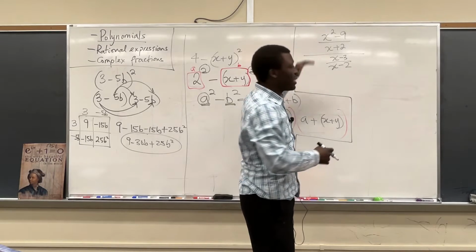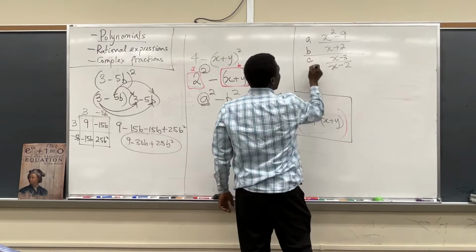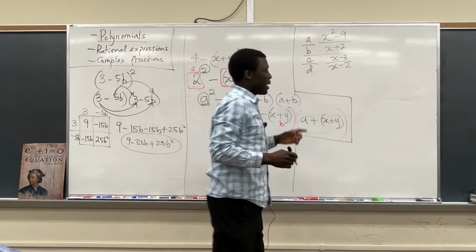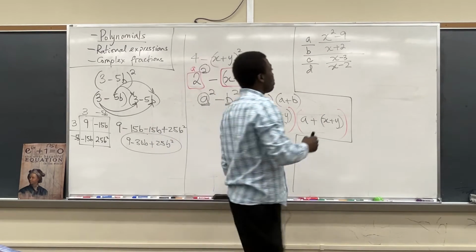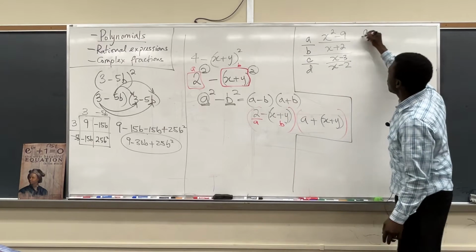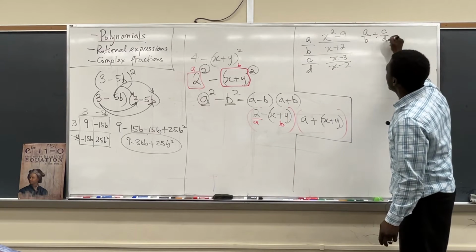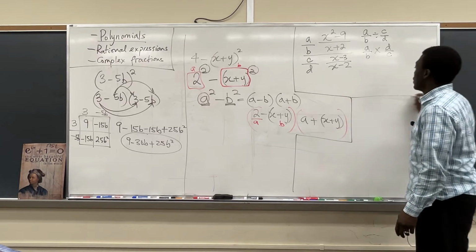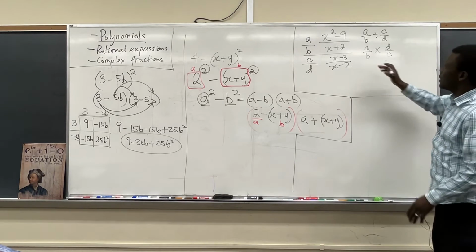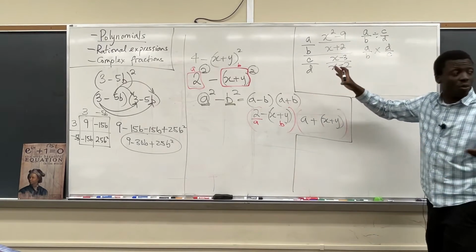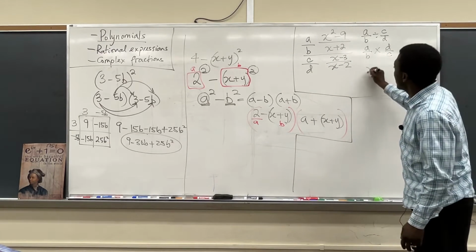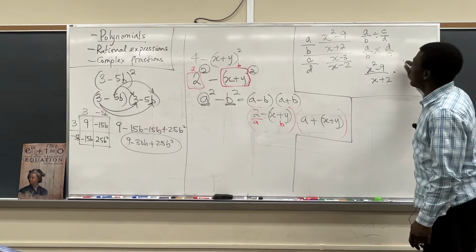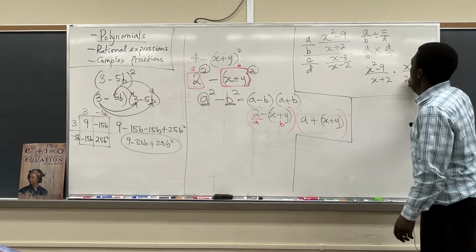So we have one level over one level here, divided by one level there over another level. So if it's A over B divided by C over D, then that becomes A over B times D over C, right? So this over here can be rewritten as (x squared minus 9) divided by (x plus 2) times (x minus 2) over (x minus 3).